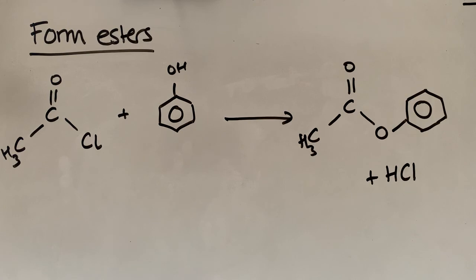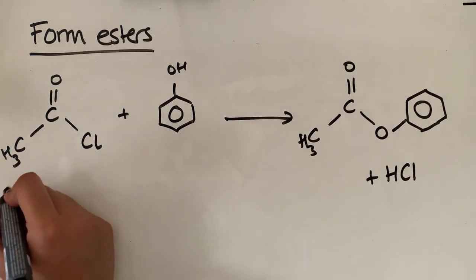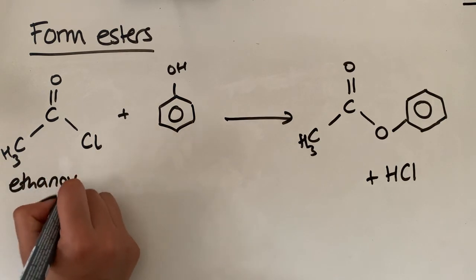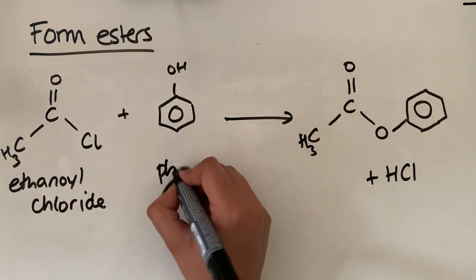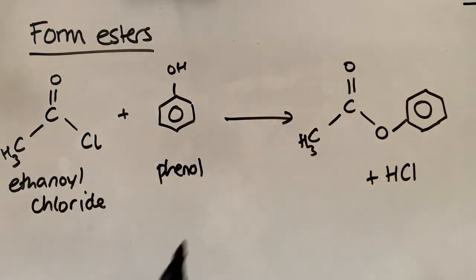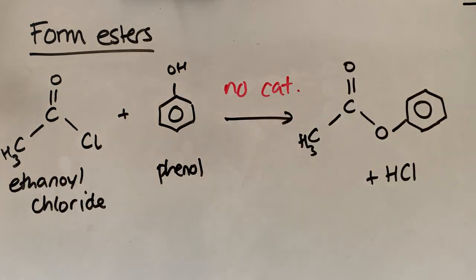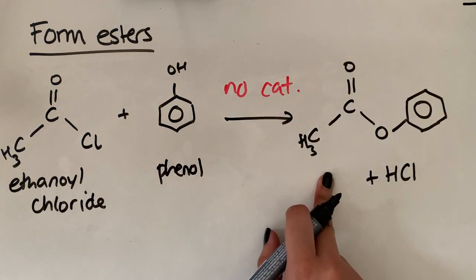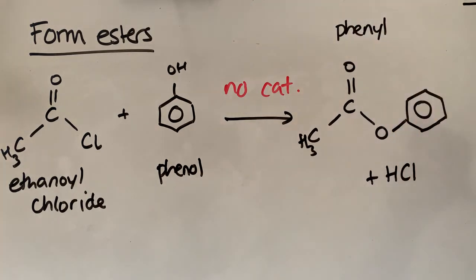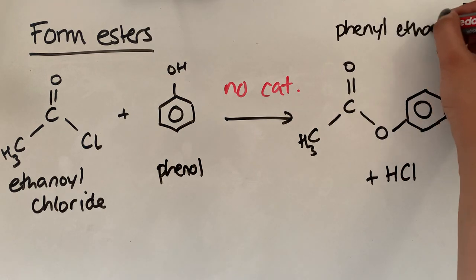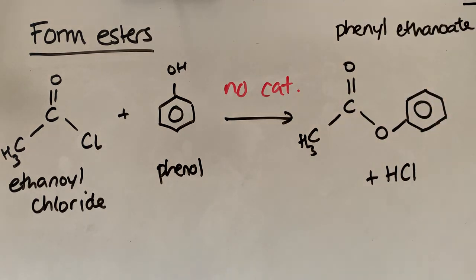So I've got my ethanoyl chloride, and I react that with a phenol. Let's write these down. Again, no catalyst, I just want to emphasize that. The ester that we formed here is called phenyl ethanoate, and we release hydrogen chloride gas there.